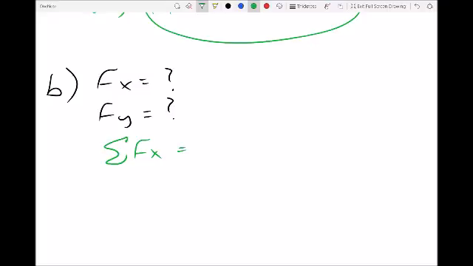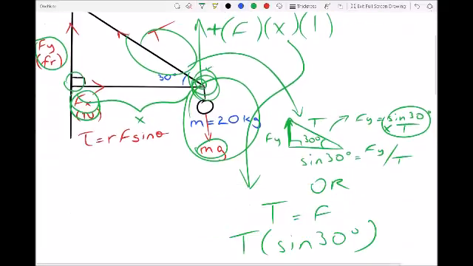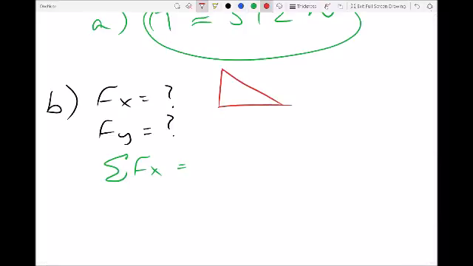For the sum of the forces in the x direction, we have this normal force pushing against the beam. We'll redraw our diagram just to make it easier to see. So we have our normal force, which I called F subscript x, and then our upward force F subscript y, and then our weight acting downward.